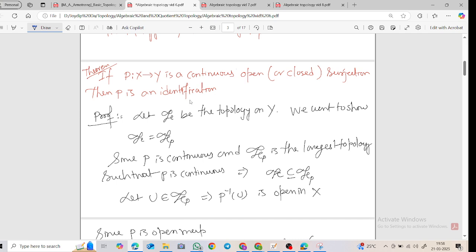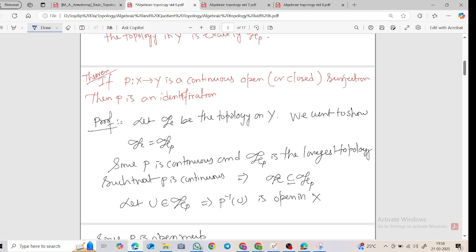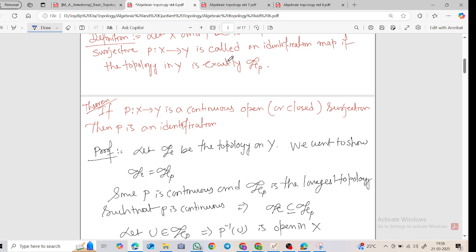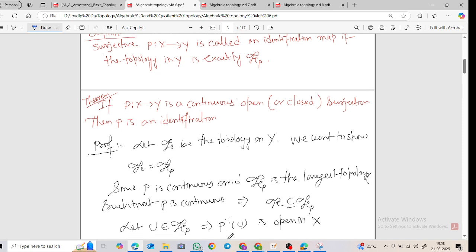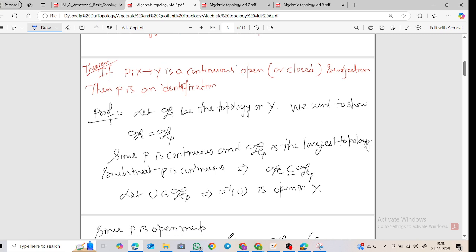So first, this is a theorem. I will send these 3 notes to you. If P from X to Y is a continuous open or closed surjection, then P is an identification. By identification you mean, so you see, Y is a topological space and P is an identification map.